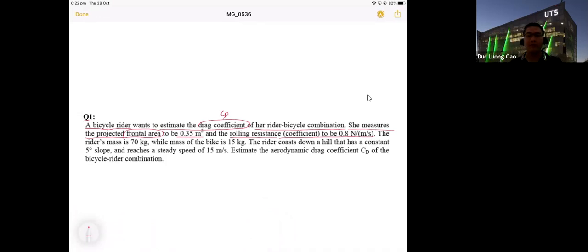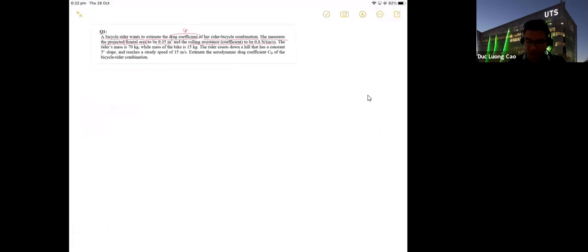For example, the rider coasts down the hill, where the rider mass and the bike mass are given, at a constant slope phi and reaches a steady speed of 15 meters per second.